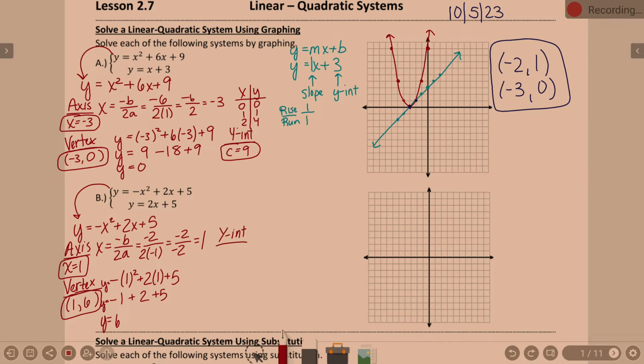Y-intercept of? 5. Yeah, my c value is 5. So y-intercept of 5. Now, that might give me enough information. You might need a little bit more than that. I don't know. We haven't graphed this yet, right? Can we use the basic form of a parabola? What is our a value? It's negative 1. So it's still a 1, yes?